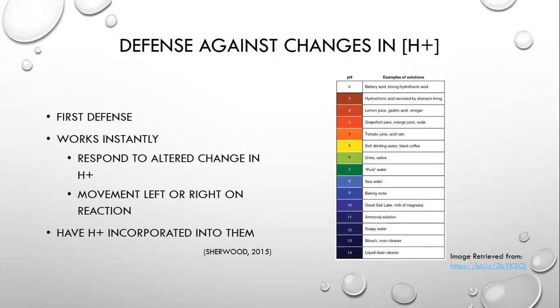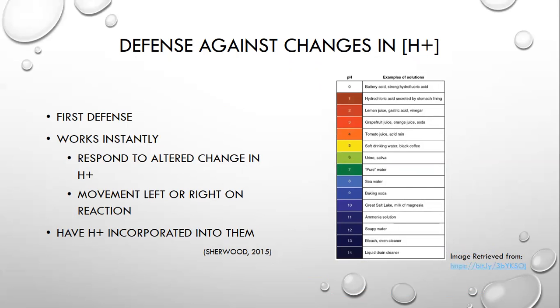So the four chemical buffer systems that we have just discussed are the first line of defense against changes in hydrogen ions. These systems work right away. Although the phosphate buffer system is slower in comparison to the others, it still works very quickly.